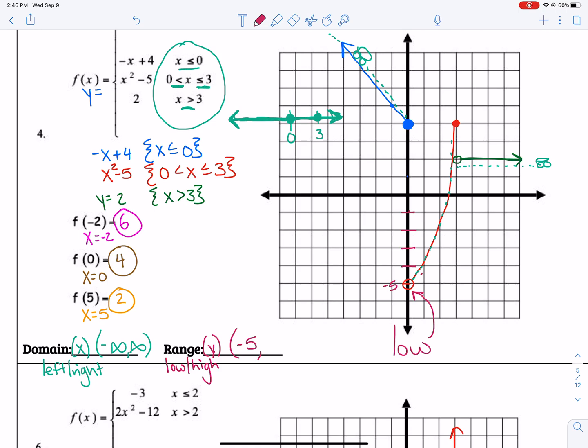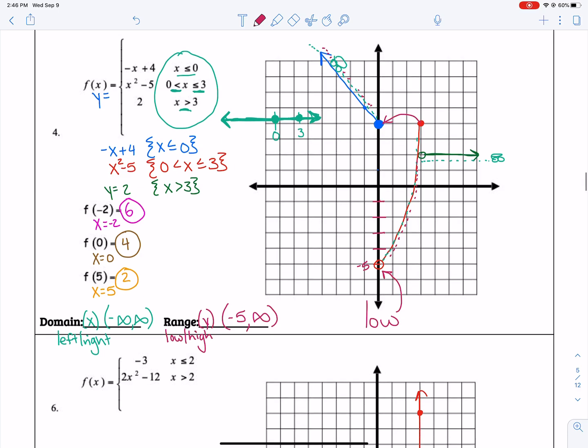Then for the highest value, you go up the graph and see if everything's included. I can get as high as 4, but then I could go over to this blue part of my graph and I could keep going up. As long as I can continue to include all the y values and continue to go up my graph, I can. So I would say that this one goes to infinity.